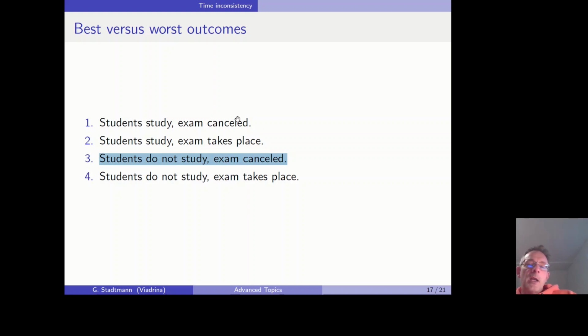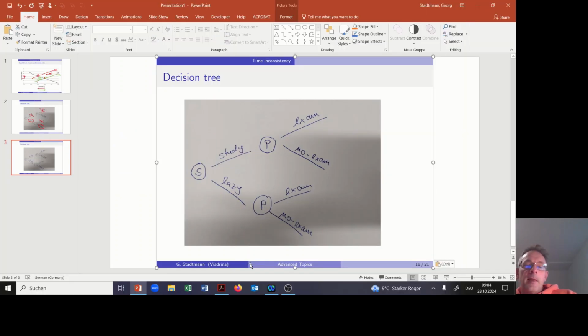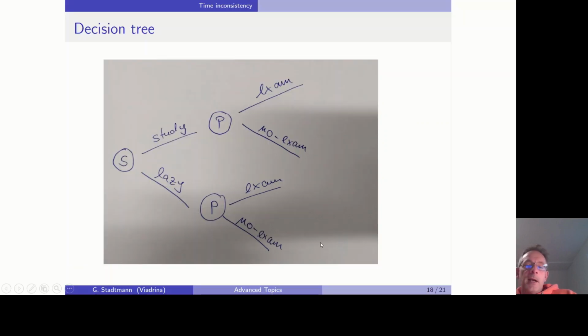So how can we end up in one of the better outcomes? One idea is that the university has a rule that there has to be an exam at the end of the semester. So there is a university-wide rule, and it says this is not an option at all for the professor.